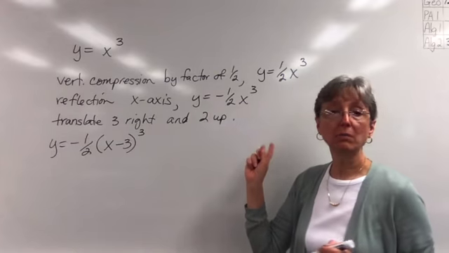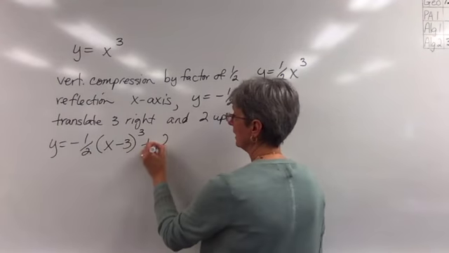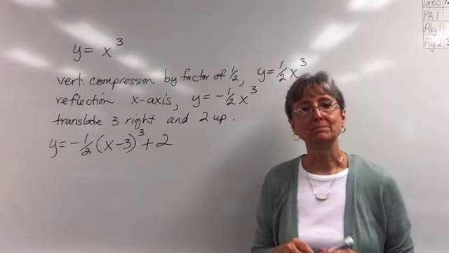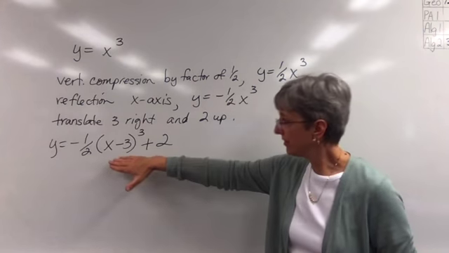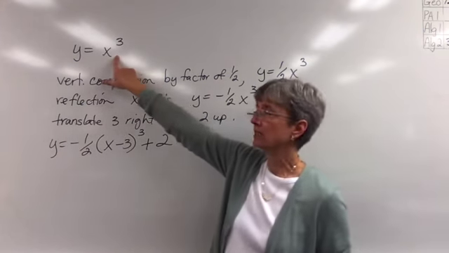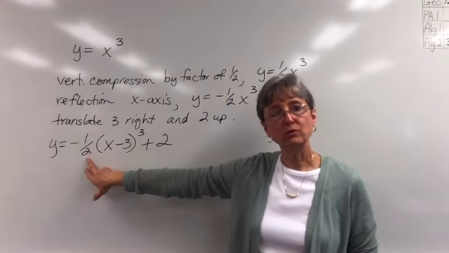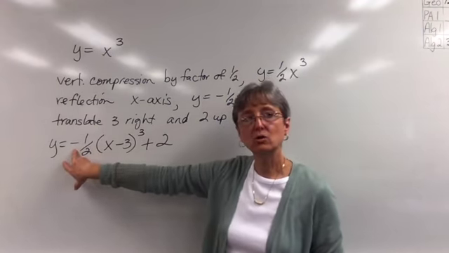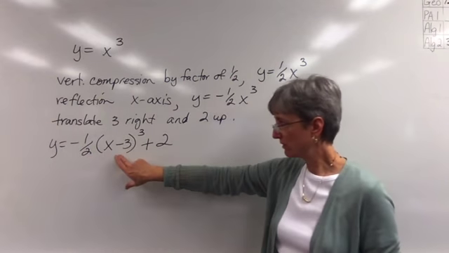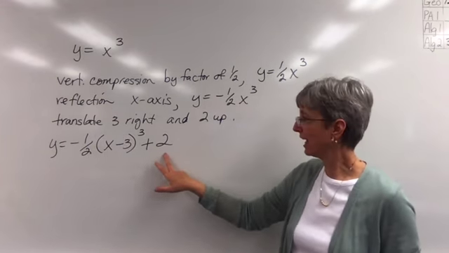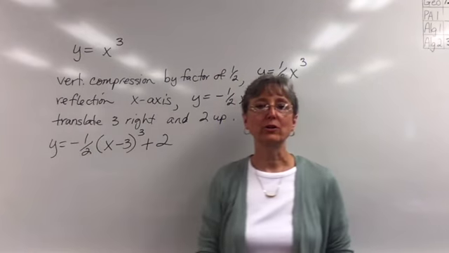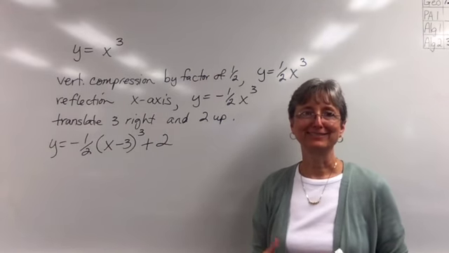And then 2 up, we just add 2 at the end, and we're done. So this is this equation compressed by a factor of 1/2, reflected across the x-axis, shifted to the right 3, and 2 up, and there's our equation, and you're done.